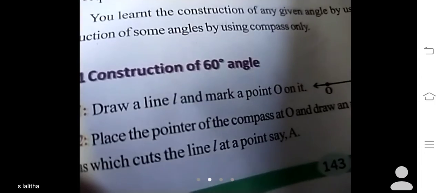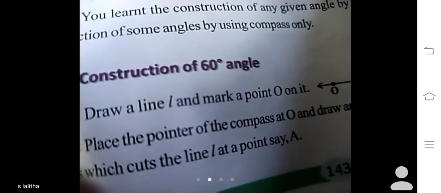Next, the third picture. What is the angle here in the textbook? What is the angle given here? It is 120 degrees. So you have to draw a line.